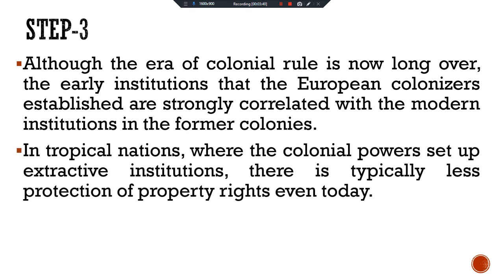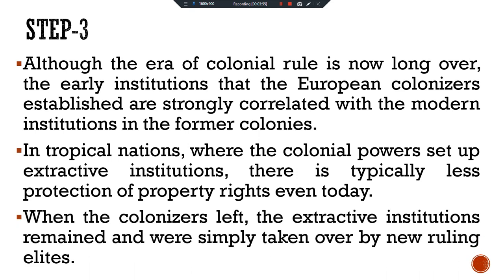In tropical nations where the colonial powers set up extractive institutions, there is typically less protection of property rights, even still today. When the colonizers left, the extractive institutions remained and were simply taken over by newly ruling elites.